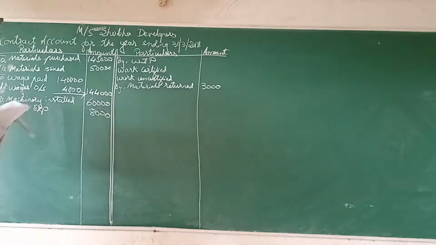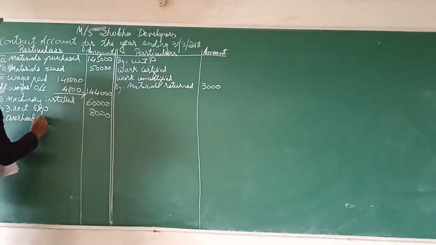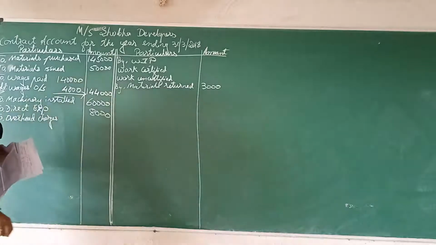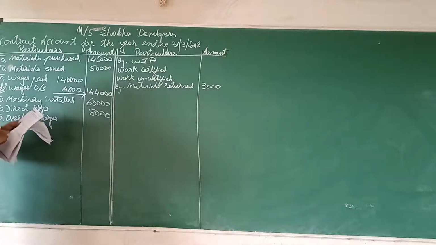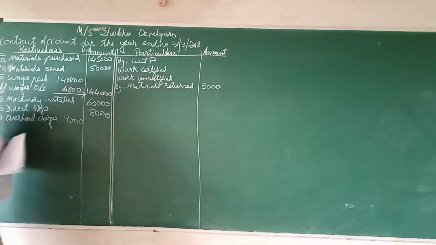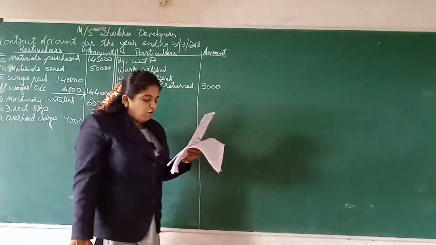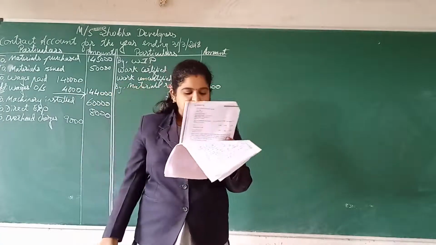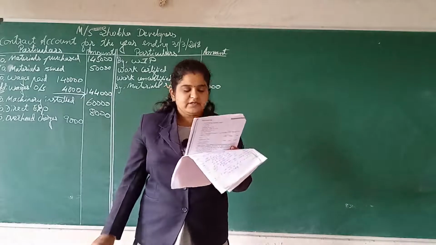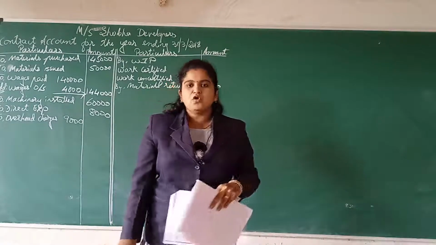Next comes overhead charges. Write the amount in the inner column because there is an adjustment. Overhead charges, amount is 9,000. Now just read the adjustment they have given: overhead charges are paid for 3 quarters and overhead charges are due for the 4th quarter.